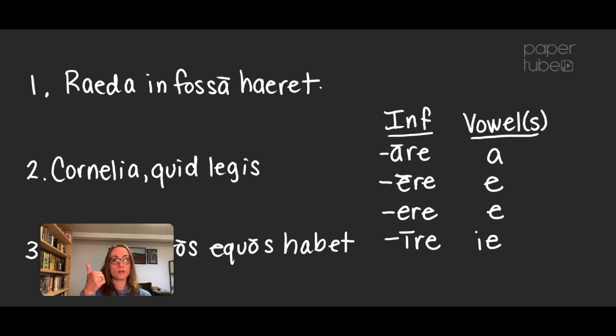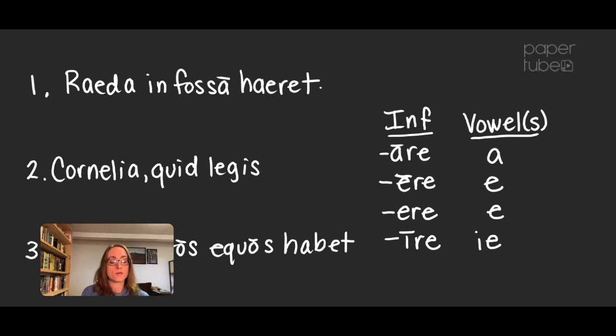Then after we find the verb, we take the present tense ending off, add the correct vowel, and then third step, add the correct imperfect ending that goes with the same person and number as the present tense. So we have 3 steps. Find the verb, put the correct vowel before the imperfect ending, and add the correct ending. Then we translate the sentence.